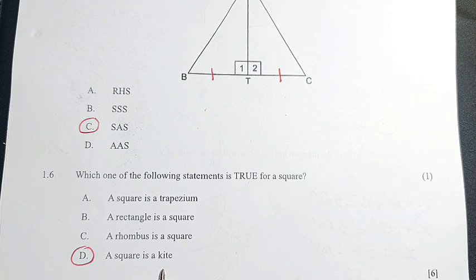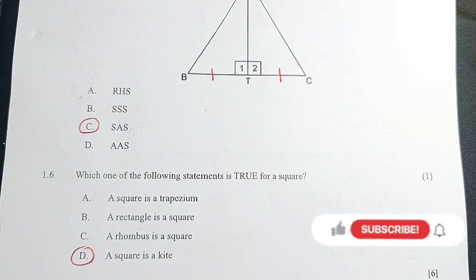A square is a kite is true, because all squares can be considered kites as they have two pairs of equal length adjacent sides. But kites are squares, we can't say that. Why? Because a kite doesn't have four equal sides.